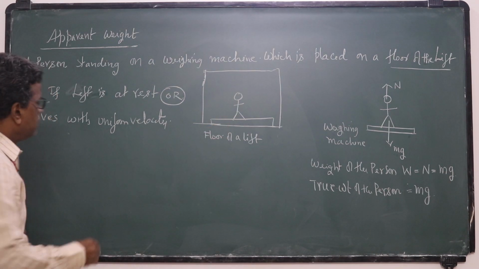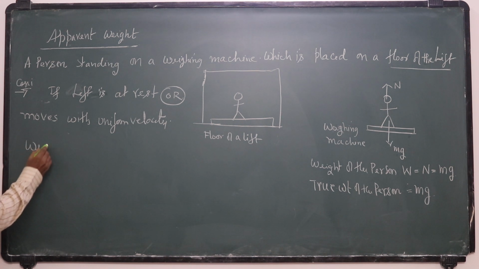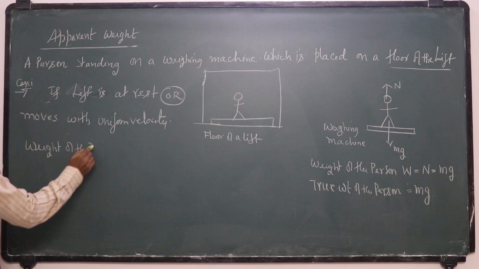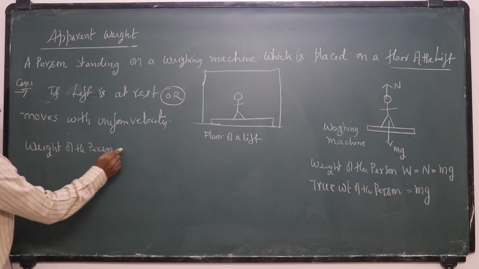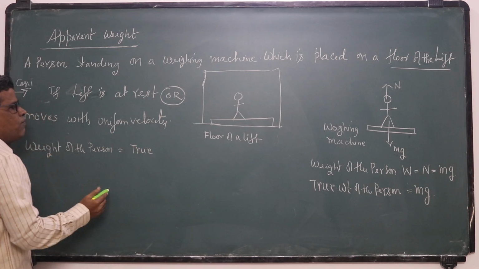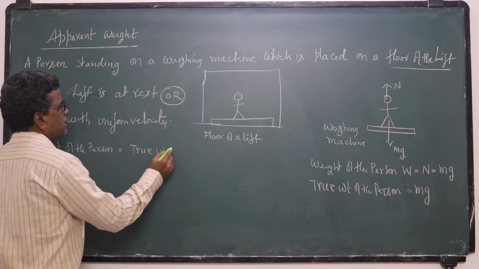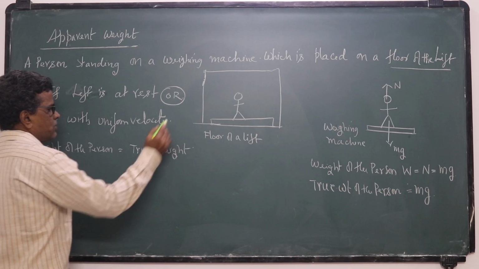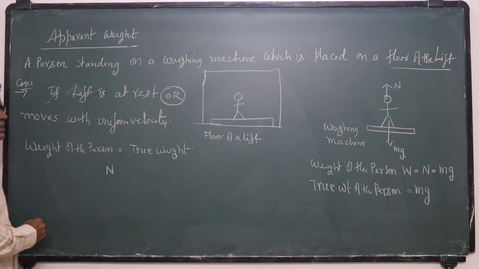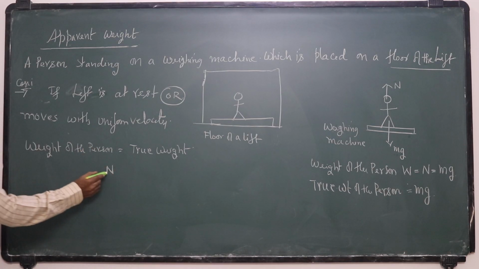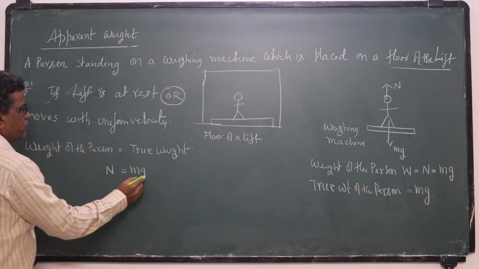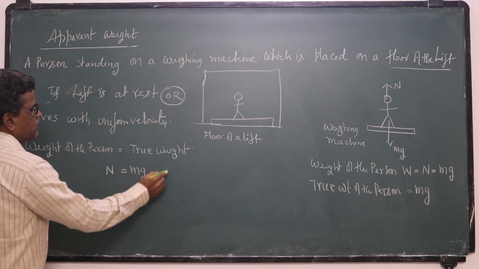The weight of the person is equal to the true weight. So the reading shown by this weighing machine is the true weight of the person. This weight of the person is shown by the weighing machine reading N. So N is equal to mg. You call it equation 1.